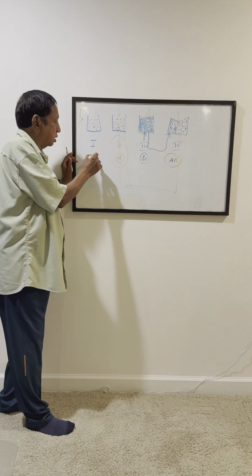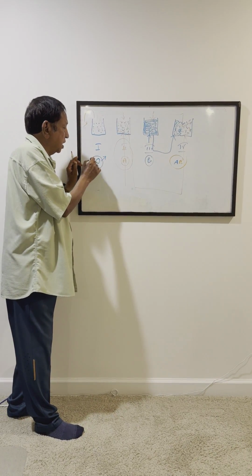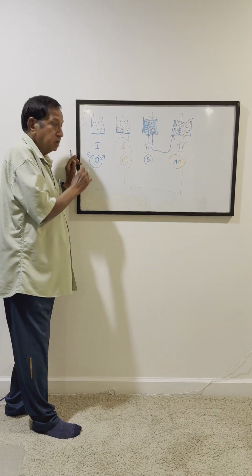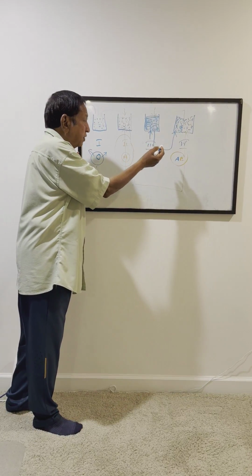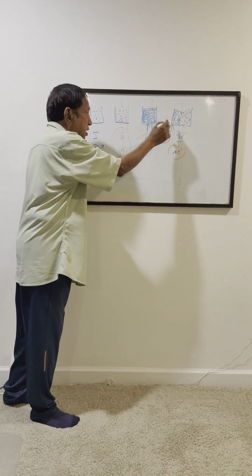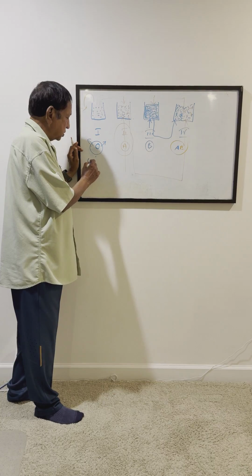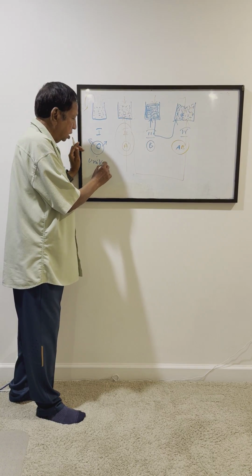Now, this particular O group has neither A nor B antigen. That means it will not have any specific interaction with the antibodies present. Hence, O is called the universal donor.